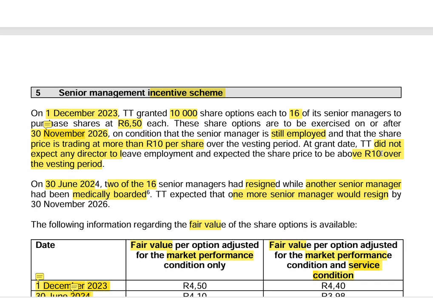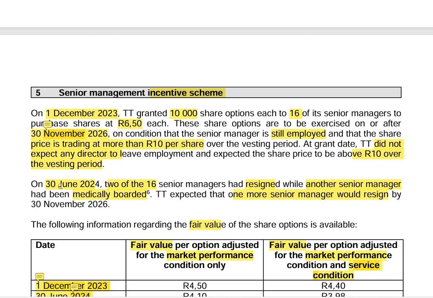On grant date, they did not expect any employee would leave the employment, and their expectation was that the share price would trade above 10 Rand, meaning they believed that both the market condition as well as the service condition would be met when those shares actually vest to employees, which will be 30 November 2026.